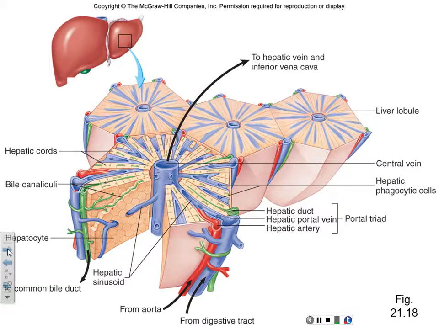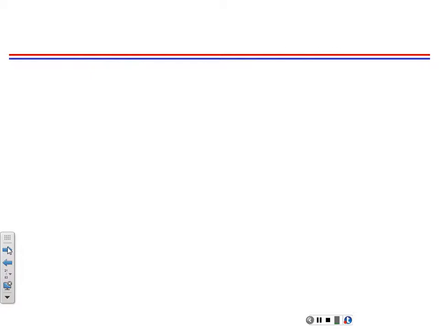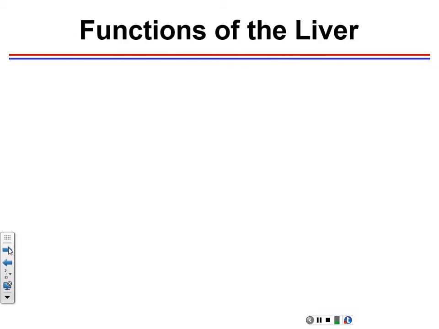That's the part I really want you to understand, the lobule, the functional unit. Because if you get that, then the rest, like the cystic and hepatic ducts and the bile ducts, will come with the lab.